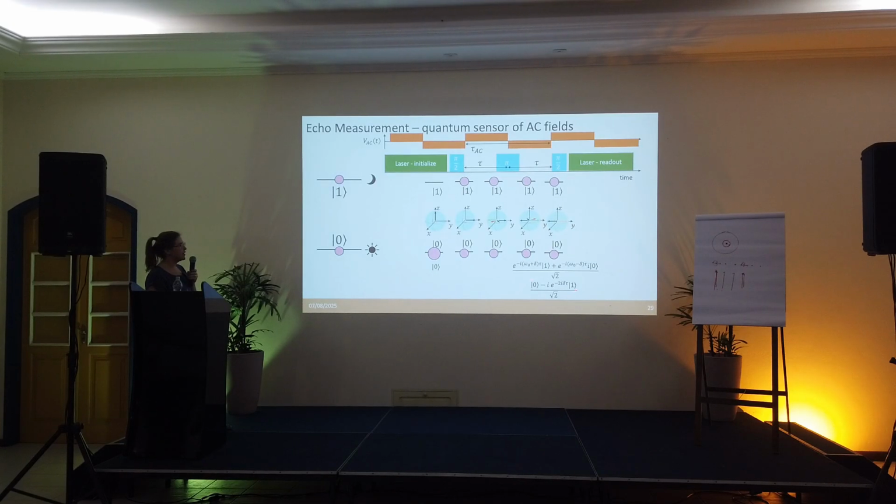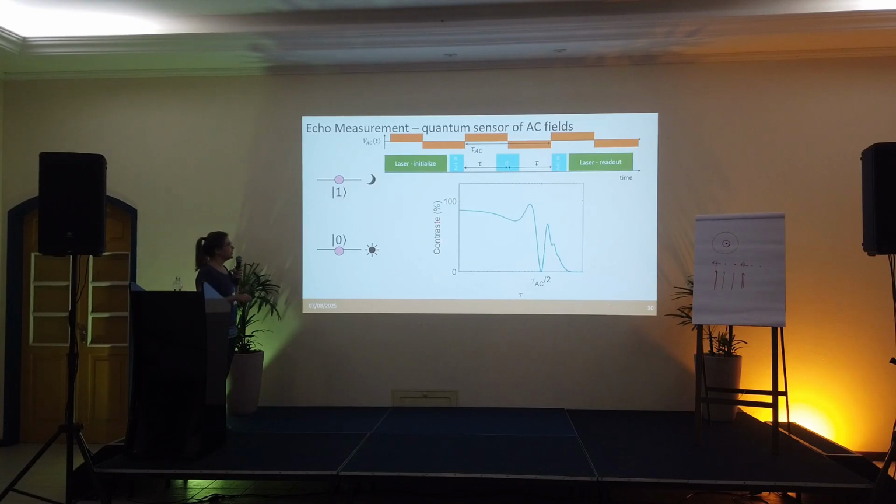My quantum state now has a phase that depends on the size of the interaction with this AC field. And what happens is I'll map this back onto 1 or 0, depending on how long I've evolved for. If I look at the contrast that I measure versus the evolution time of my system, what I'll see is that I lose coherence for my system, or it's a little bit more complicated than that, but we'll get to it.